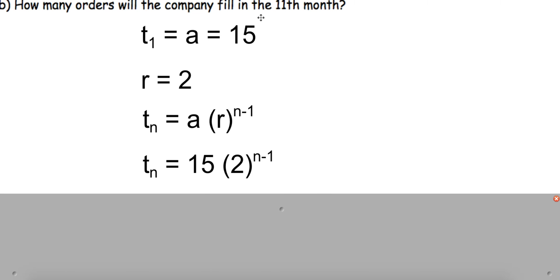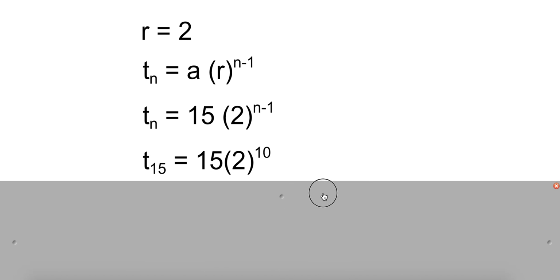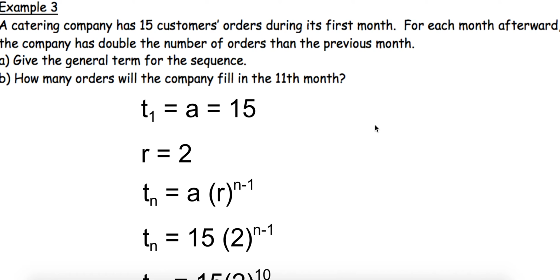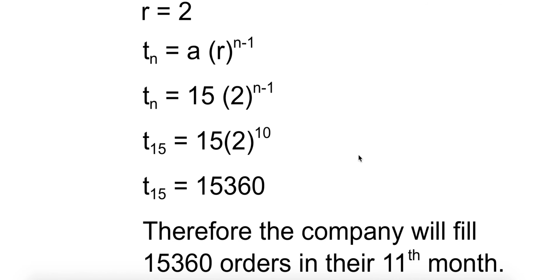How many orders will we fill in the 11th month? And this is what I said, you've got to be careful with the wording. We're in the 11th month this time, so we're using TN, T11. If we were asking in total, not just the 11th month, but how many orders in total, that's SN.